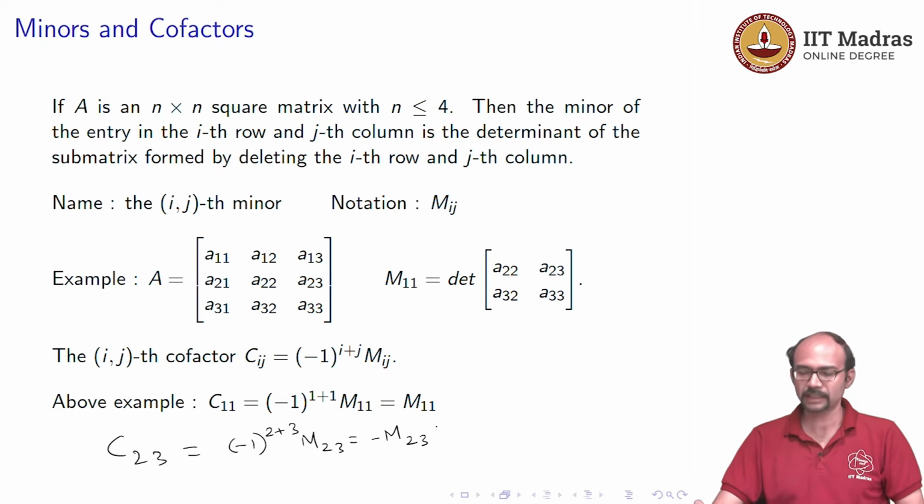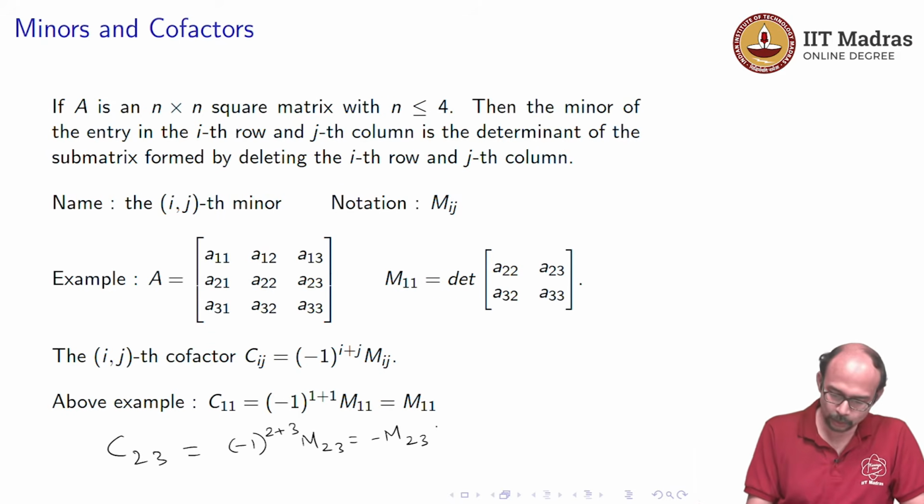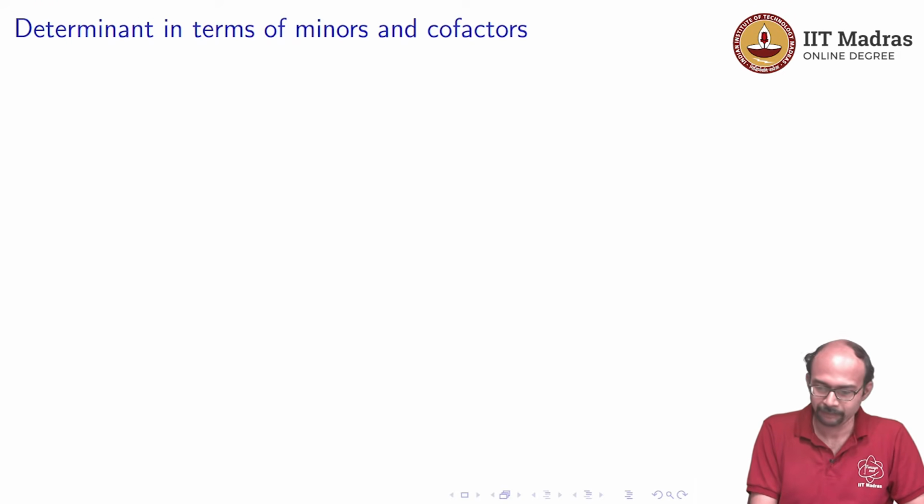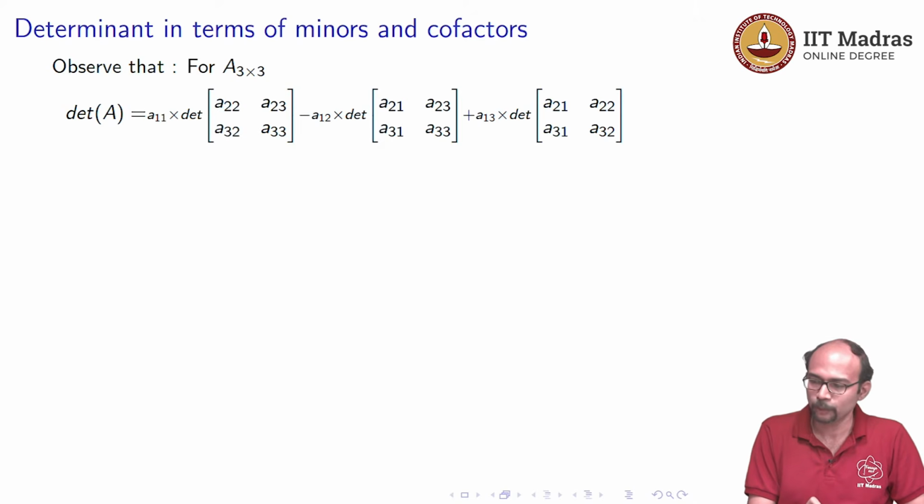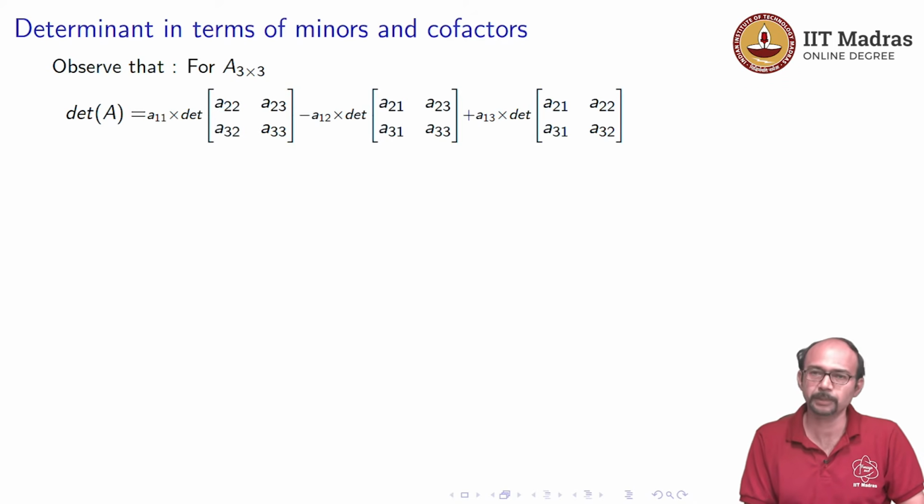So, I hope it is clear what cofactors and minors are. So, let us now try to rewrite the determinant in terms of minors and cofactors. Okay. So, for a 3 by 3 matrix, the determinant of A, this is expansion along the first row, this is the definition, is A11 times the determinant of the matrix obtained by deleting the first row and column, and then you take its determinant.